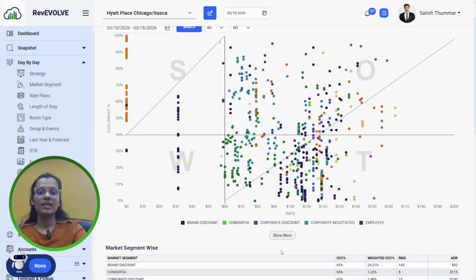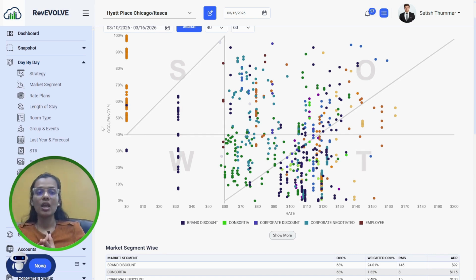On this chart, the x-axis is the rate the booking happened at, and the y-axis is the occupancy level at a moment in time. So every dot answers a very specific question: at this price, how much demand had already entered the hotel?